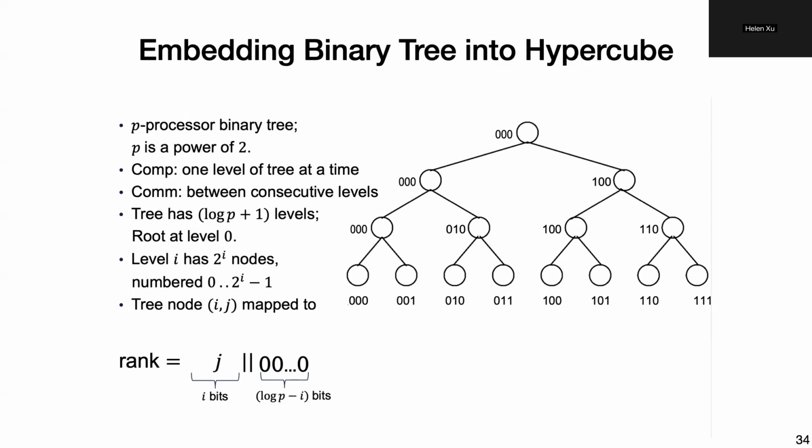Similarly, we set 0, 0, 0 as the left spine all the way down, and the right child of this in the next level is just flipping the middle bit. In this one, we flip the top bit. In here, we flip the middle bit, and also between these, we flip the middle bit. So the difference between 1, 0, 0 and 1, 1, 0 is flipping the second bit. And finally, in the last one, the difference between the 2 pairs of children is flipping the smallest bit.